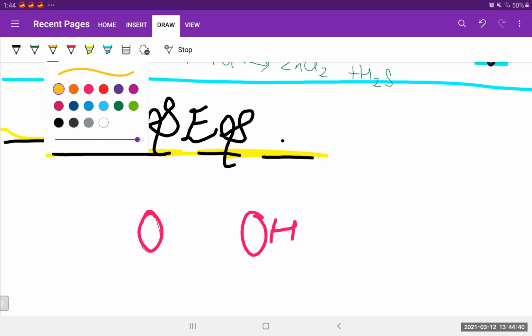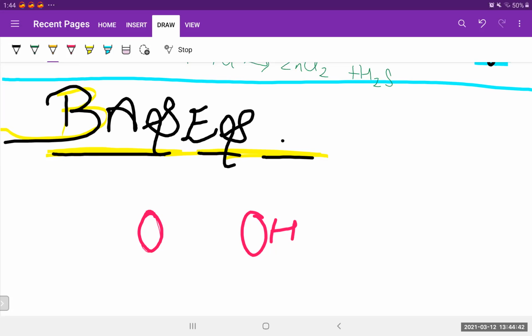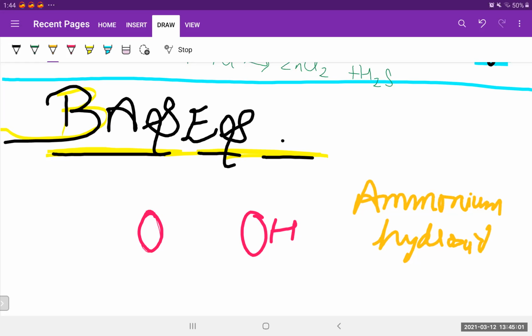Okay, so let's first understand what a base is. A base is either a metallic oxide or a metallic hydroxide, as I've already told you, or it can also be ammonium hydroxide. What is ammonium hydroxide?